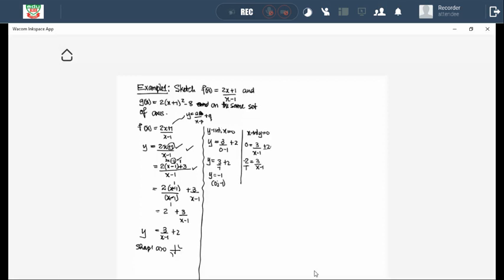From there, cross multiply, that would be minus 2 in bracket x minus 1 equal to 3, which would be minus 2x plus 2 equal to 3. So negative 2x equal to 3 minus 2, which is negative 2x is equal to 1. Divide by minus 2 both sides, so your x is equal to negative 1 over 2. So the graph is going to cut where it's negative half and 0.